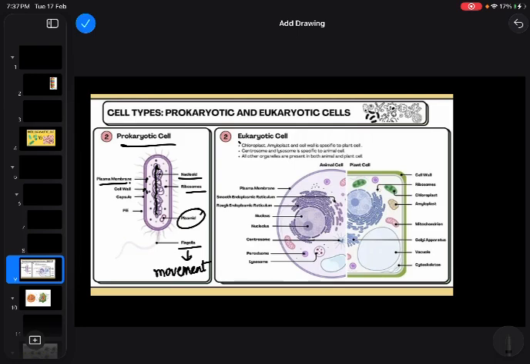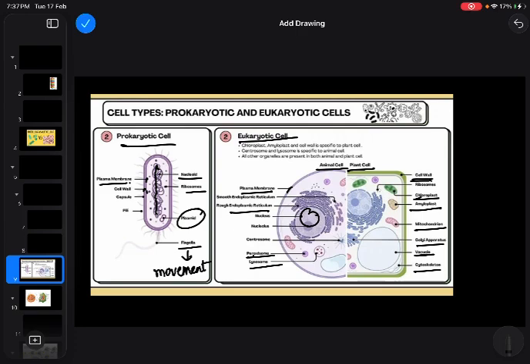And in case of eukaryotic cell, there are two types of cell, animal and plant cell. For example, animal cell has the outer layer of plasma membrane, genetic material is present in the nucleus, and other membrane bound organelles such as peroxisome, lysosome, endoplasmic reticulum. And in case of plant cell, we have a cell wall, ribosome, chloroplast, amyloplast, mitochondria, Golgi, vacuole, cytoskeleton.